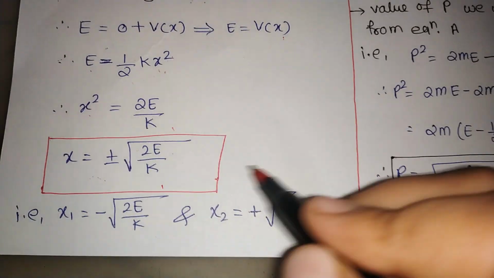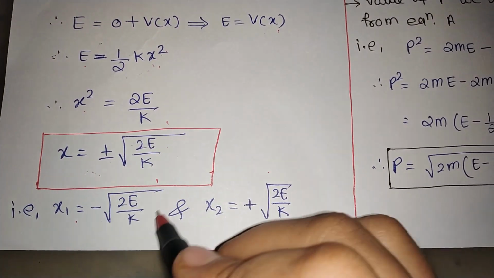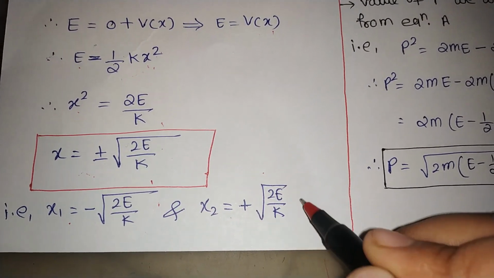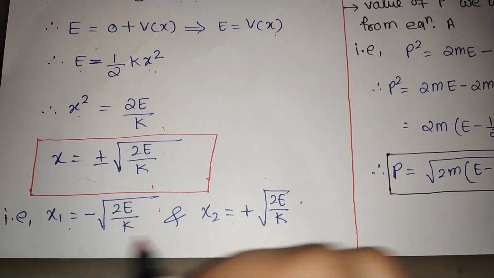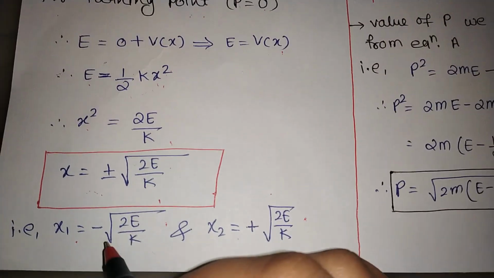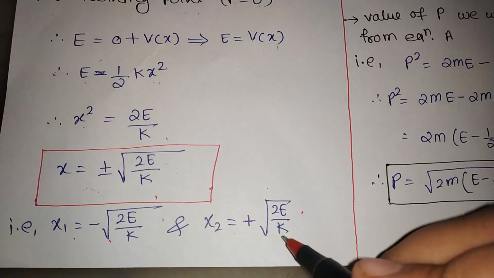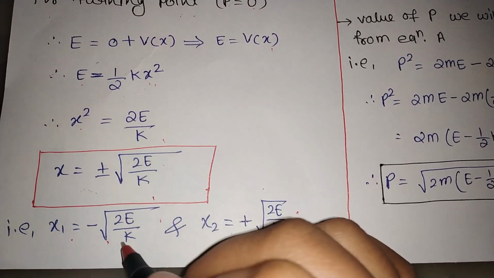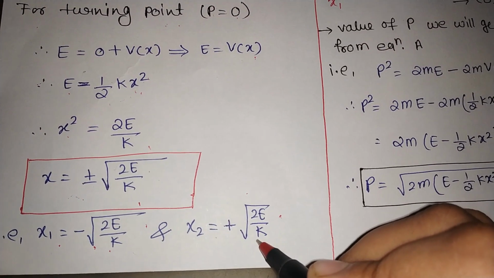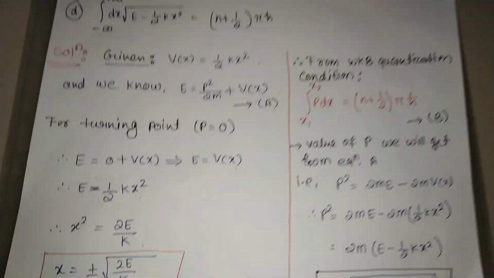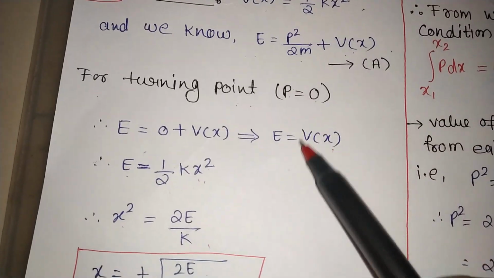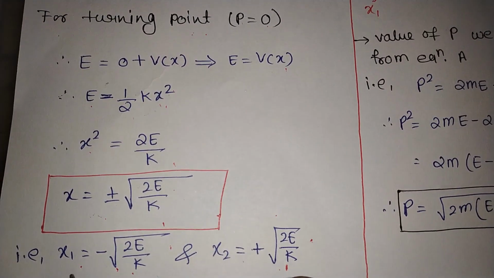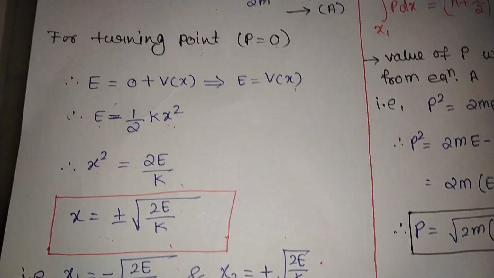So we can write x1 as the negative value and x2 as the positive value, the lower turning point and the higher turning point. I hope you have understood how to find the turning point. These two are the turning points we have got.